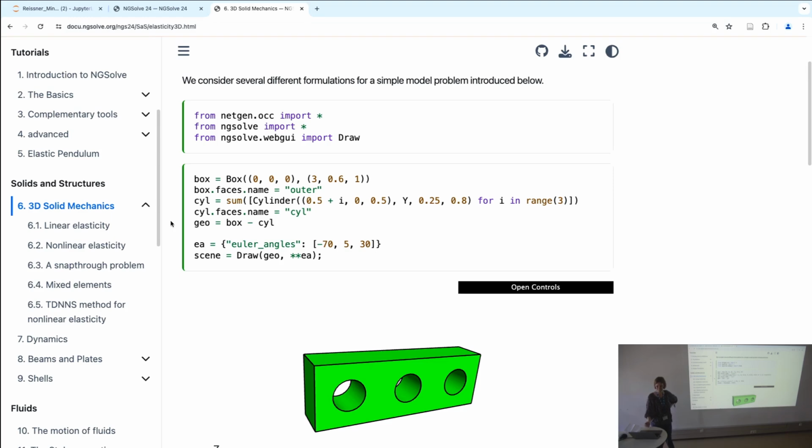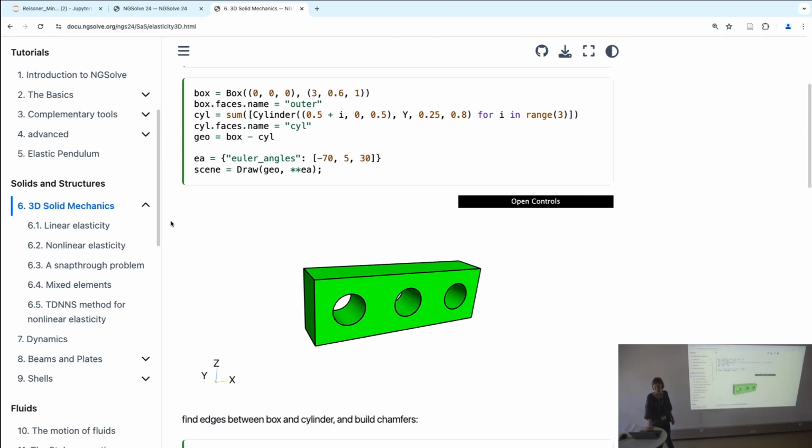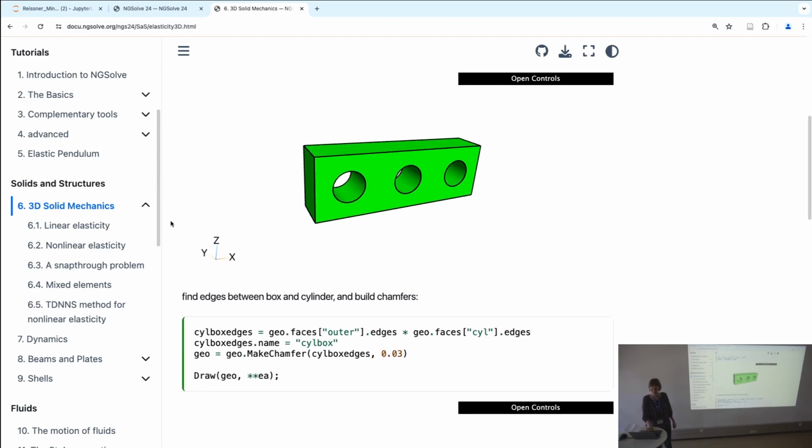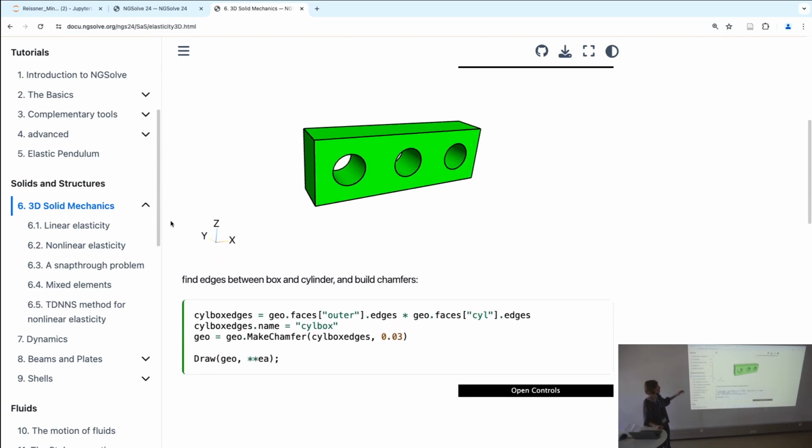And so the nice thing is you can do things where you always think that has to be simple to do, which was not simple when using the old geometry formats you maybe know. Like here we have a block, and you drill 3 cylindrical holes. And then you say, oh, the edges are too sharp and we want to round them off.